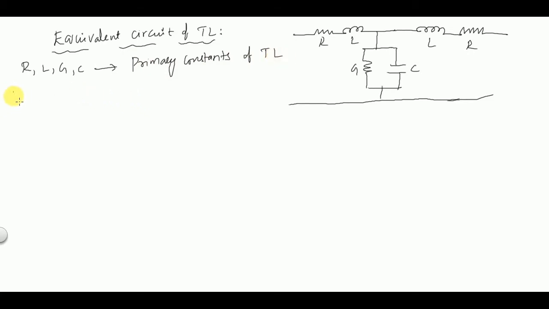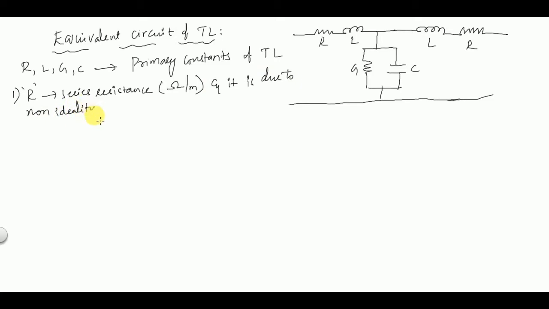R is called the series resistance, measured in ohm per meter, and it is due to the non-ideality of the conductor.